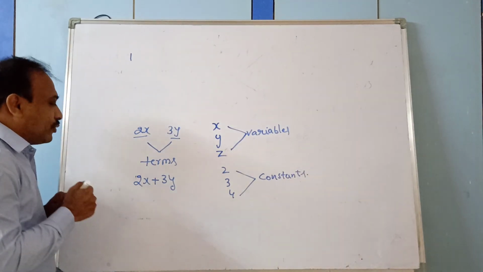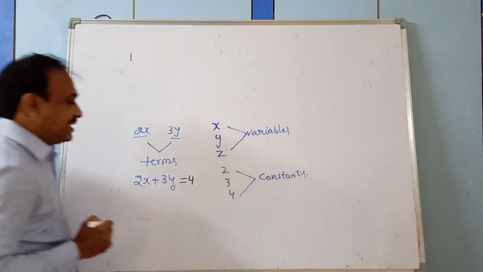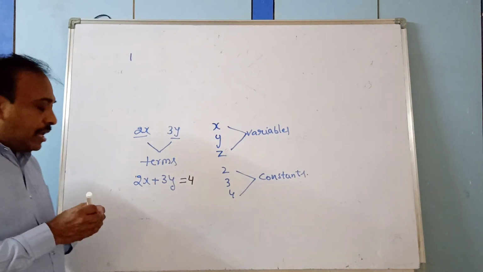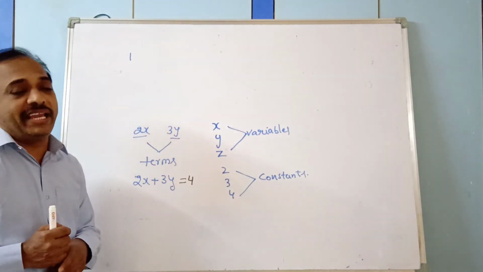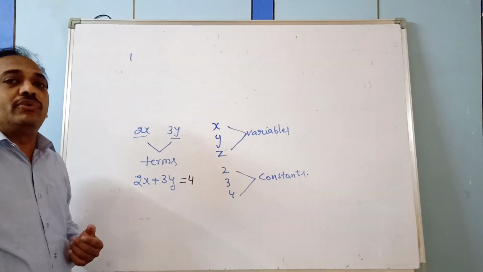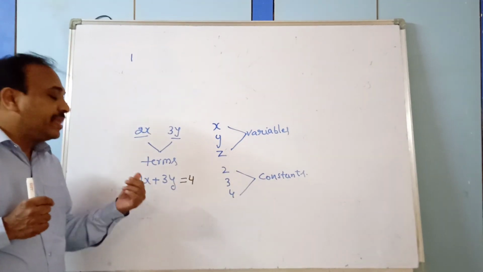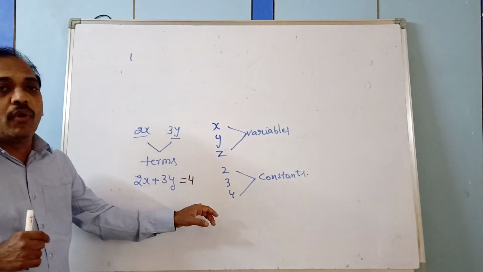So if I write 2x plus 3y is equal to 4, it means that when you add this part plus this part, together they make 4. What exactly is the meaning? When you substitute some values for x and y, the result is equal to 4.